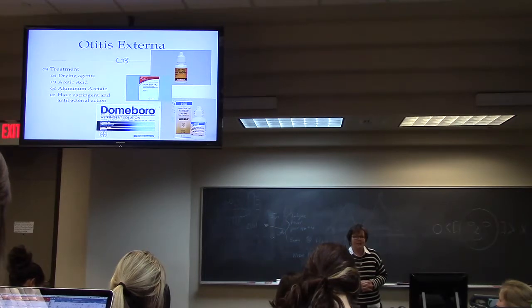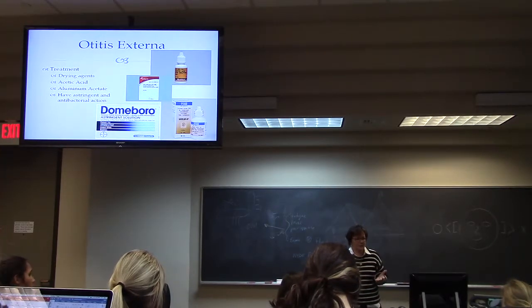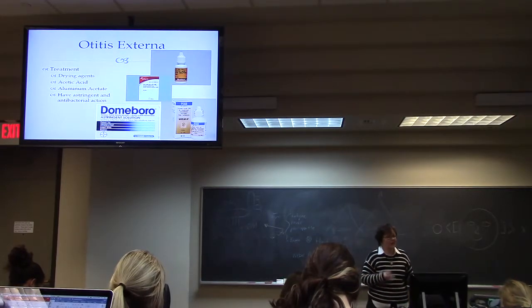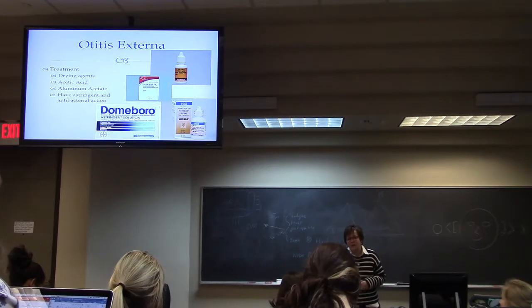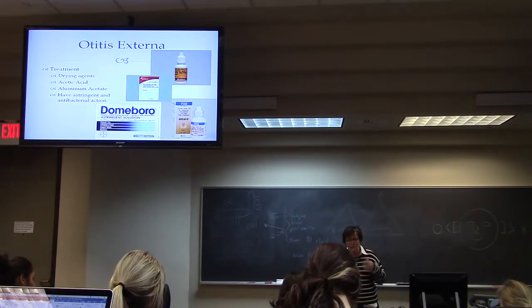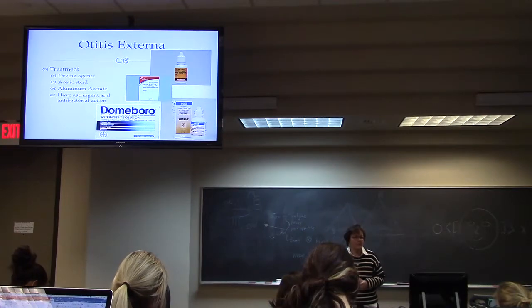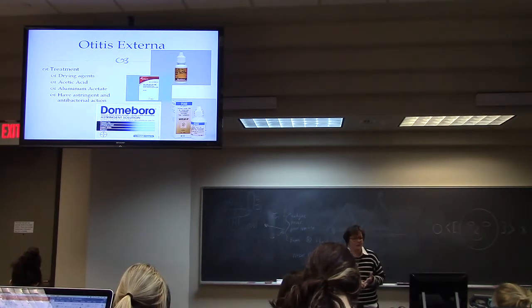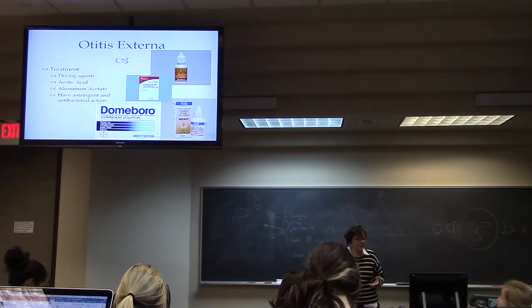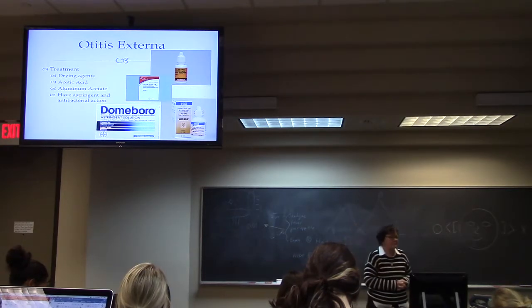So I was asking the PA faculty upstairs, when would you use this over an antibiotic? And they said they'd almost always go with the antibiotic first, and then if they had a lingering ear that would not respond, then after that they would follow it up with these agents, even though the acetic acid and the aluminum acetate have fairly good antibacterial and antifungal activity.